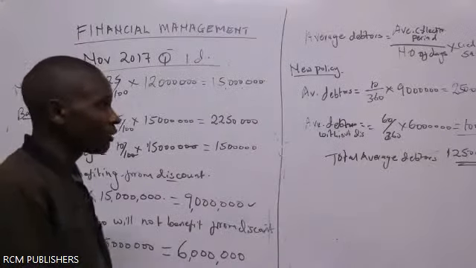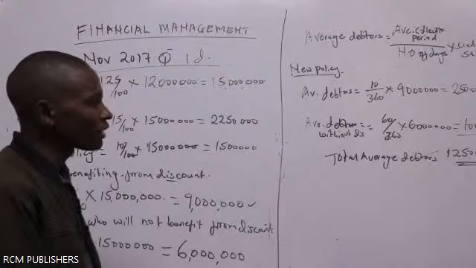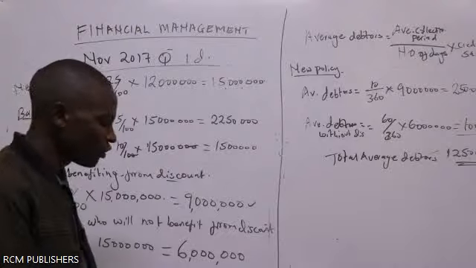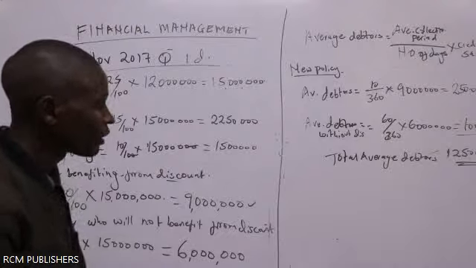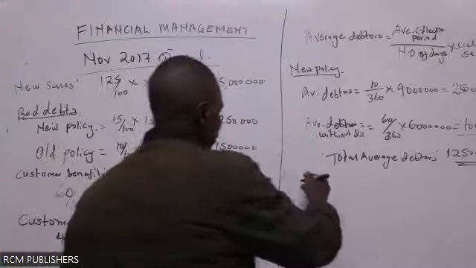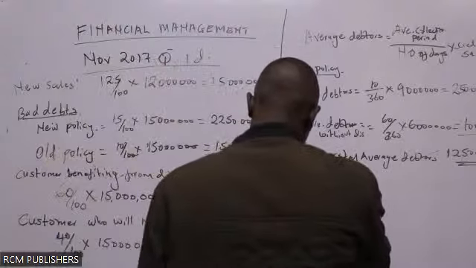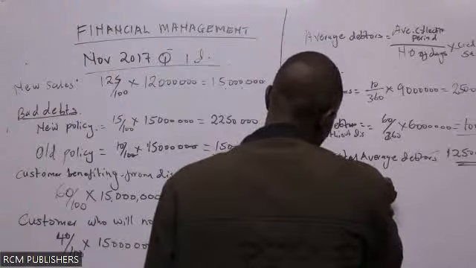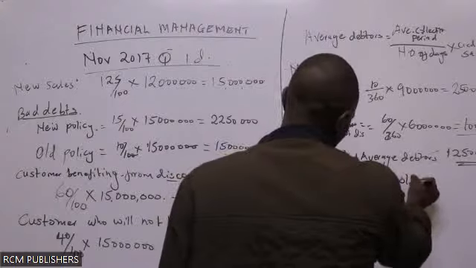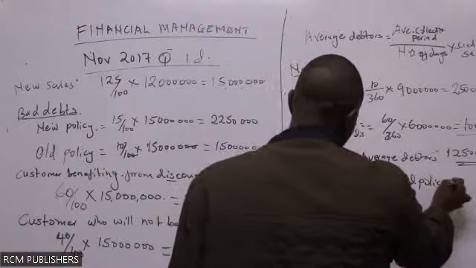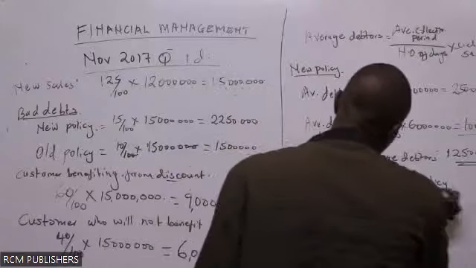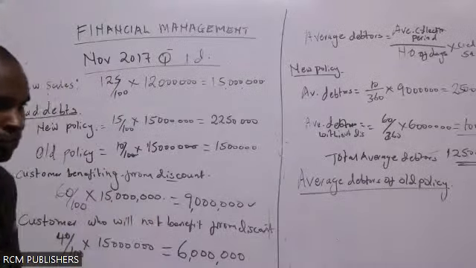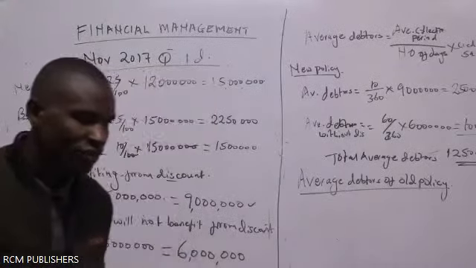From that point, it is now easier for us to see what is happening here. Let's see the average debt of the old policy. For the old policy, we remember the sales and the condition. They were to pay within how many days?